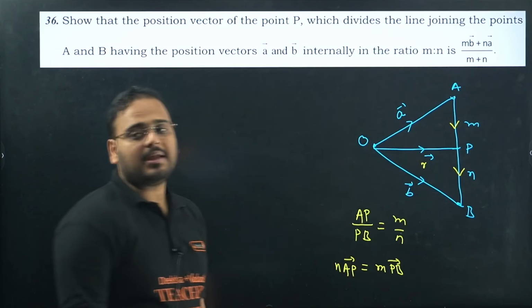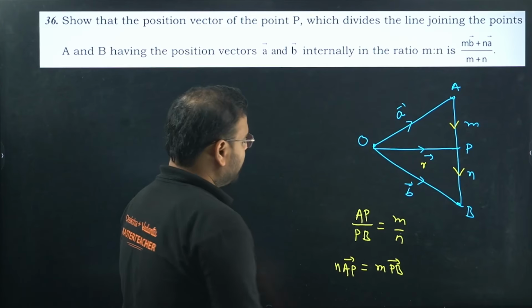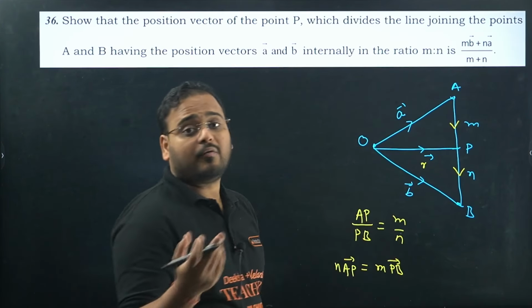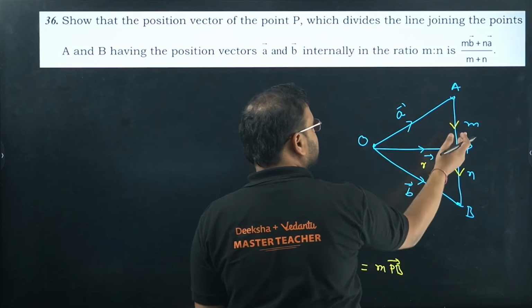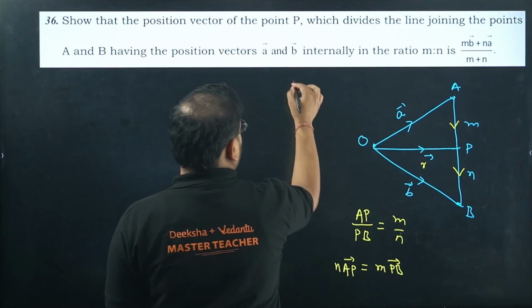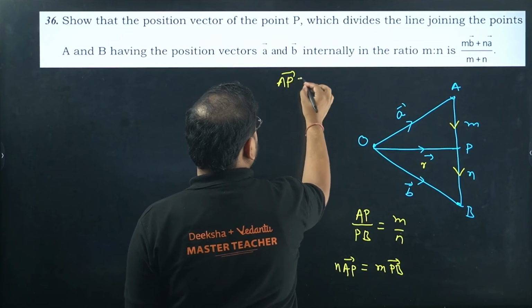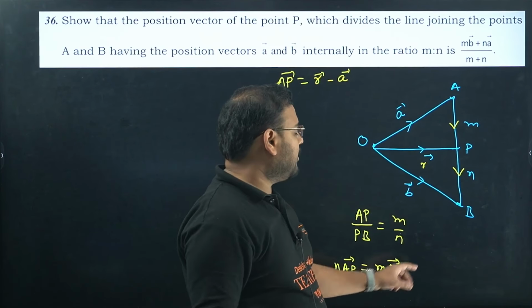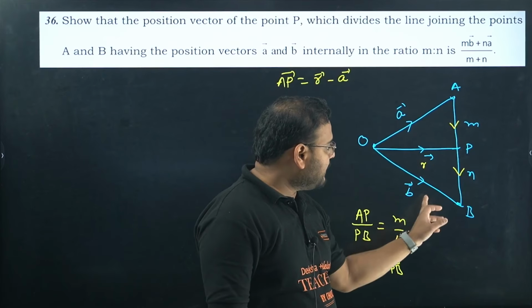This is your AP and PB. Cool. From here let's write the value of AP now. AP I can write using the triangle law of addition. So AP will come like this, R minus A. I'll have the vector AP as vector R minus vector A. Same fashion I can write PB also as B minus R.